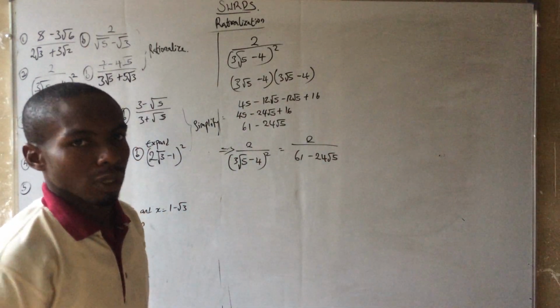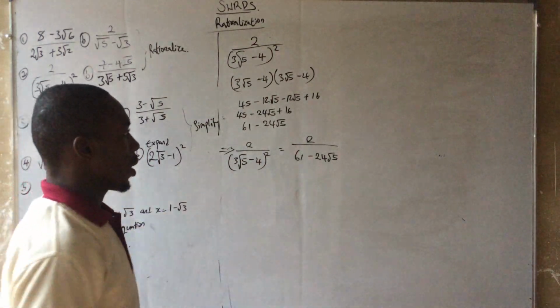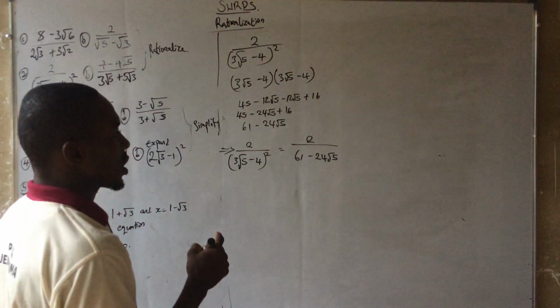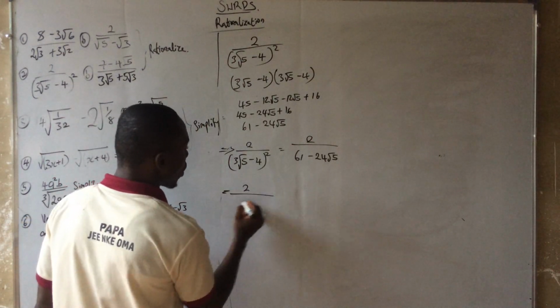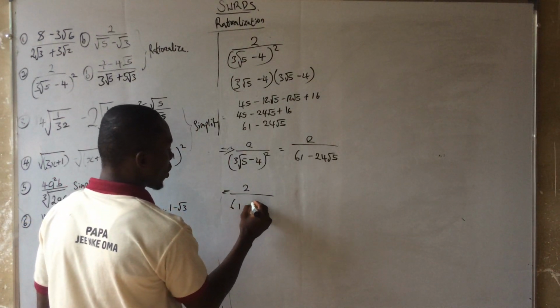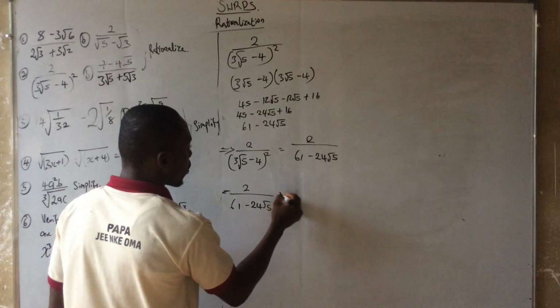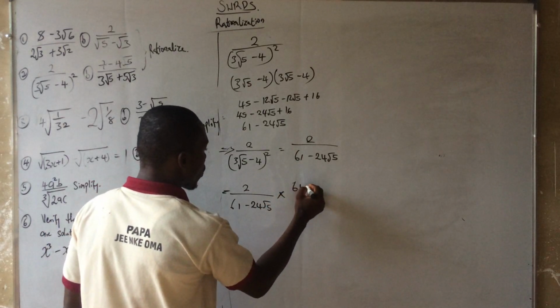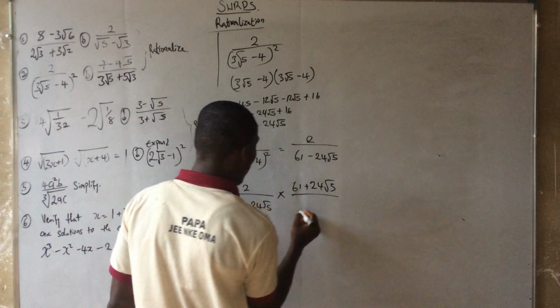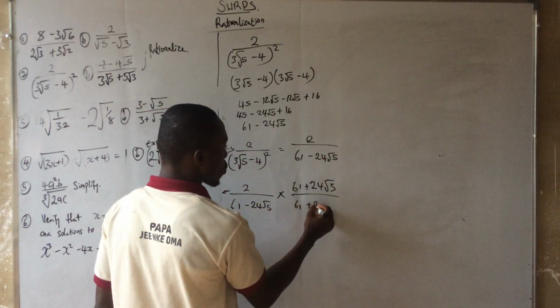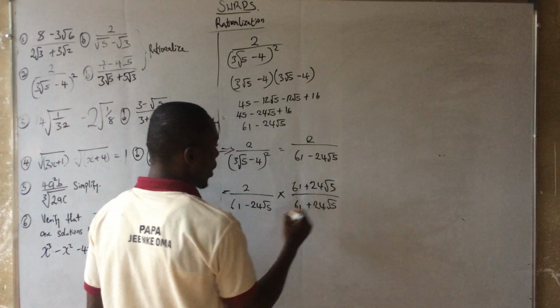I will now do what? Rationalize this surd by multiplying it by 1, which is the conjugate of the denominator. So now I have 2 all over 61 minus 24 root 5 multiplied by 61 plus 24 root 5 all over 61 plus 24 root 5.